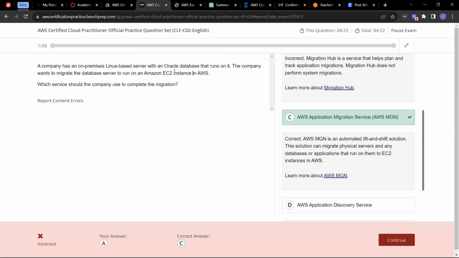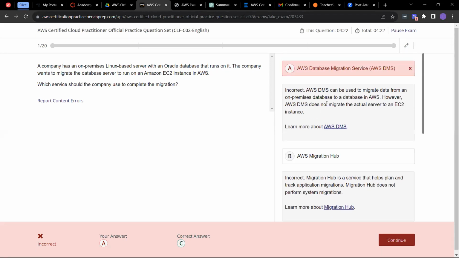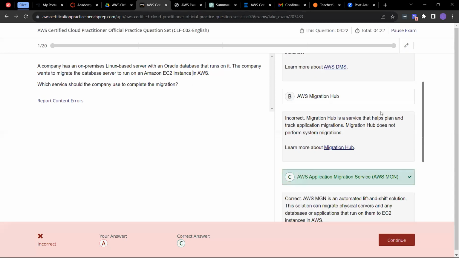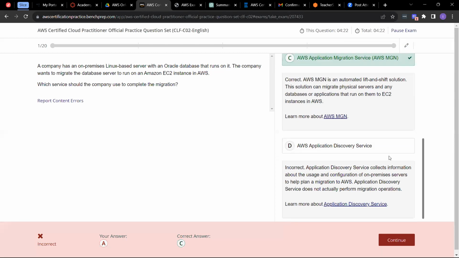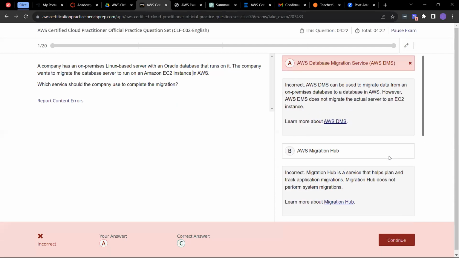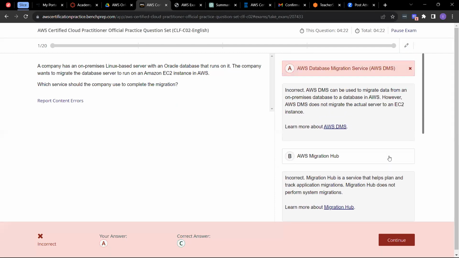But the Database Migration Service is used to migrate data from an on-premises database to a database in AWS. I think that is the difference between them. Let me read the last sentence under that one: however, AWS DMS does not migrate the actual server to an EC2 instance.